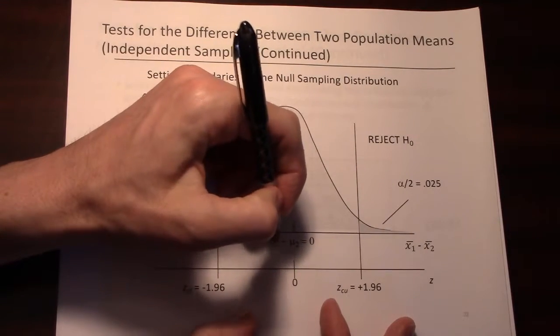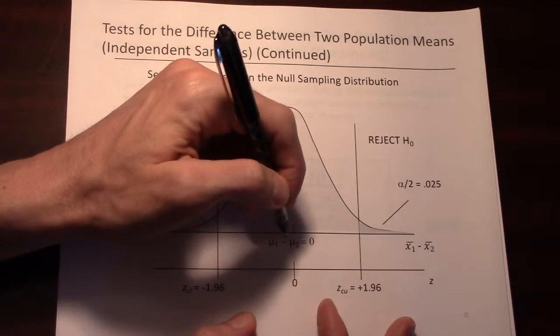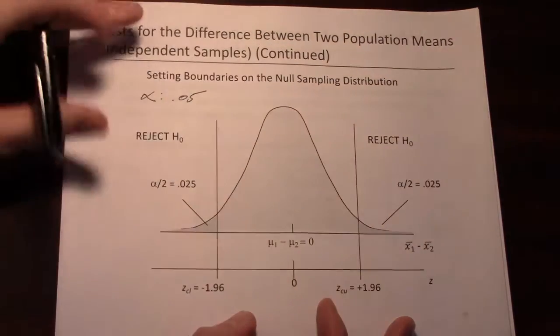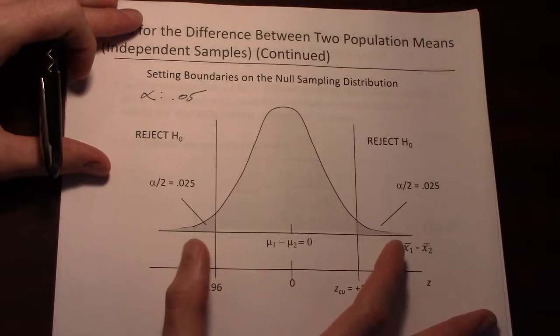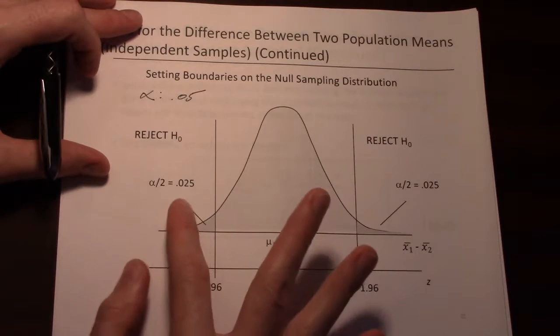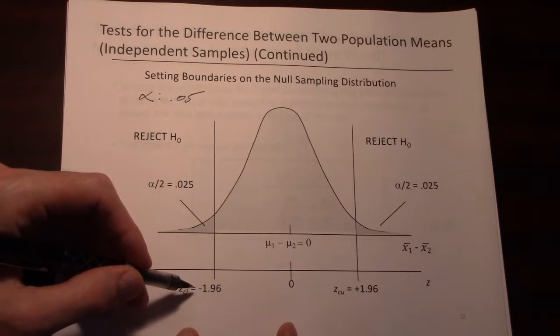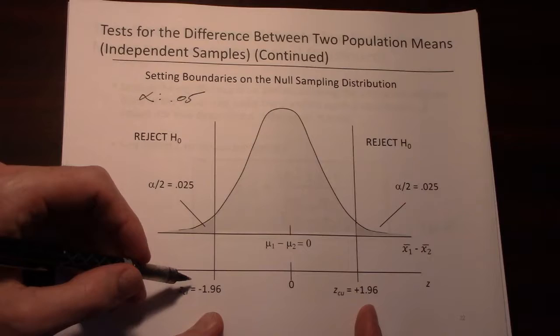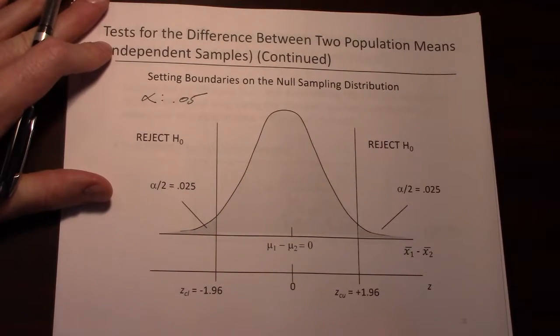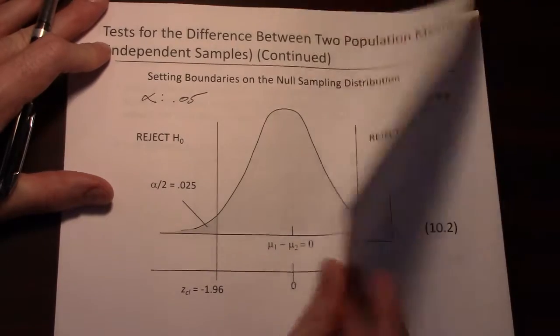There's some equality, that the difference between population 1 mean and population 2 mean equals 0. It could be disproved one of two ways. Our sample could be really high or really, really low. And we would have 2.5% in either tail. If we have 5% total in the tails, we have plus or minus 1.96 as our critical values for our rejection region. Alrighty.